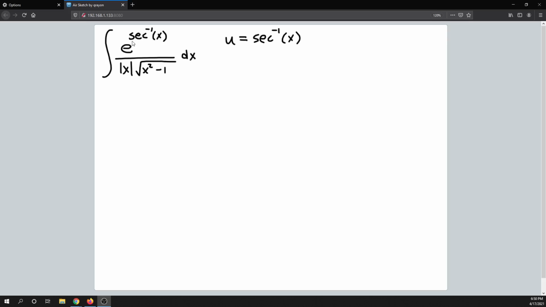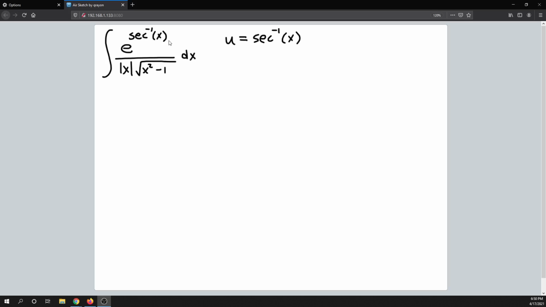It's also one of the other bullet points on that list of good choices for u: things that are the exponent of the e. So in this case, this is the correct choice for u.